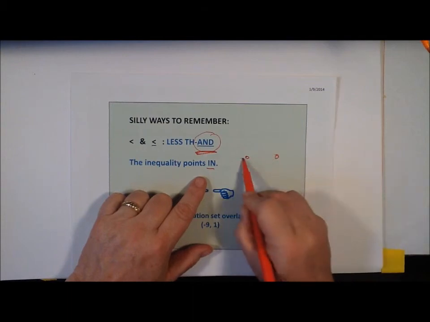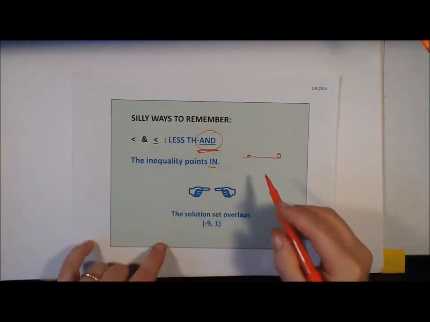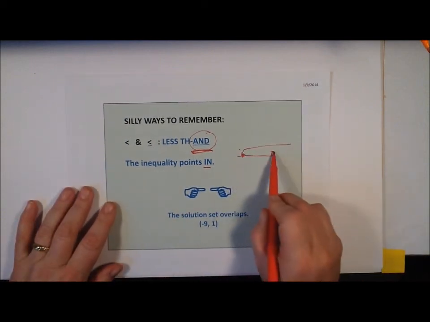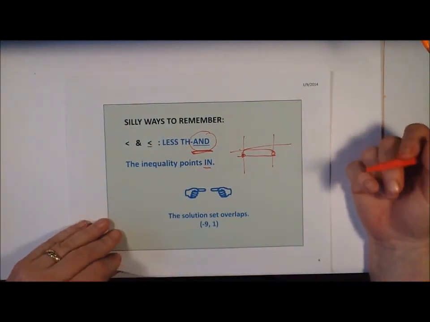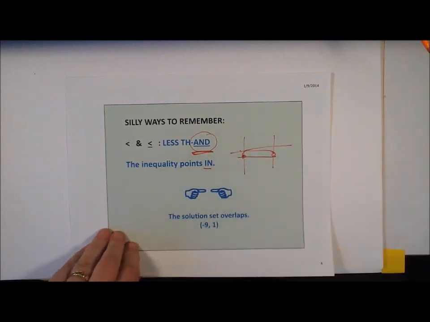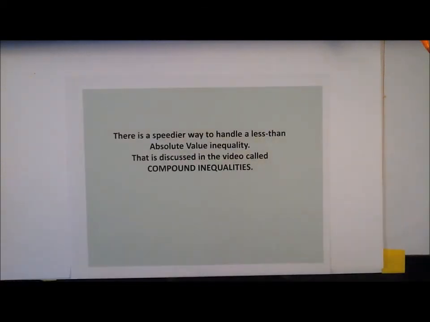It's inside, so it points that way. And basically the solution set overlaps. It's this and where they meet. Again, if you need to pause to copy that. Like I say, whatever works for you to help you remember, but I would really suggest making some kind of mental trick to do it.